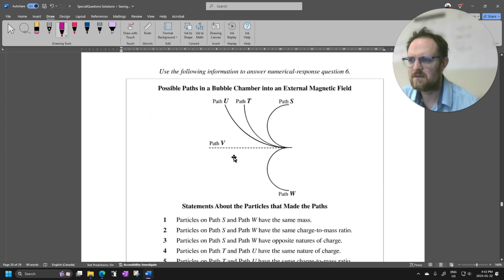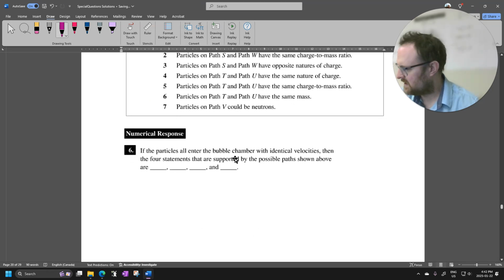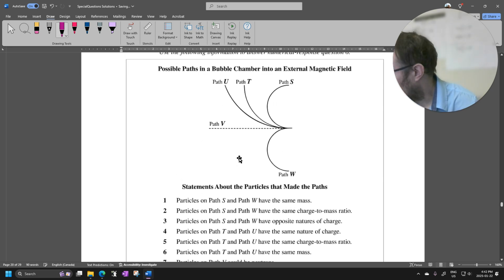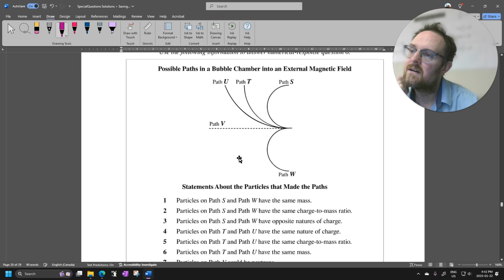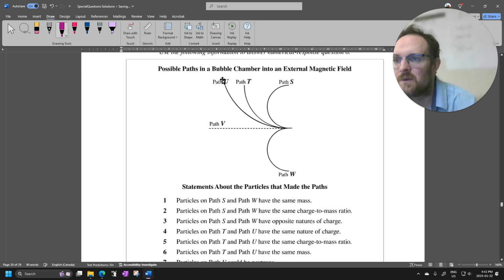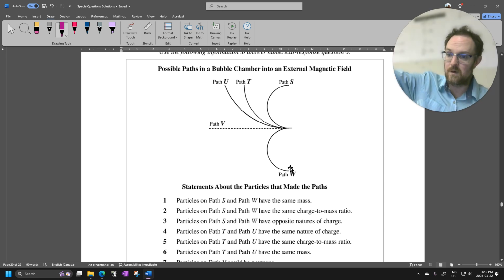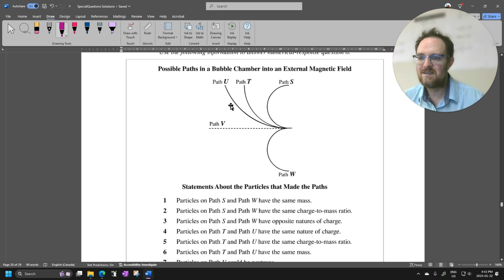Yeah, they're just repeats. Okay, so let's check out this one here, numerical response number 6. Well, there's multiple 6s here, but whatever. Possible paths of the bubble chamber into the external magnetic field. Now, what we know about this is because of the number of the paths going upwards and the number going downwards, most likely the top ones are going to be positive and the bottom one here is going to be negative.